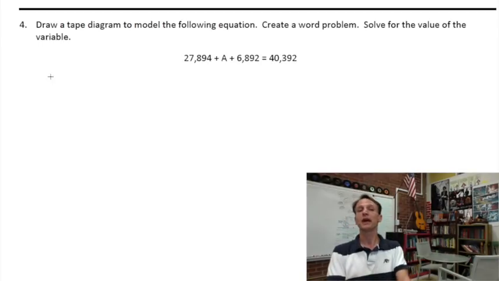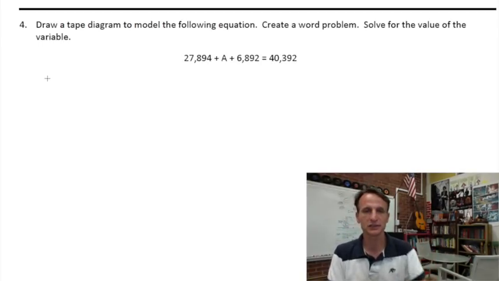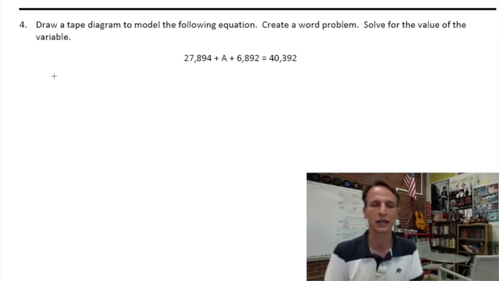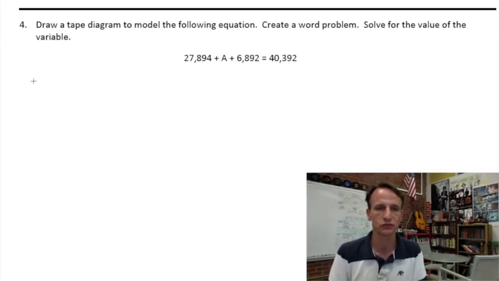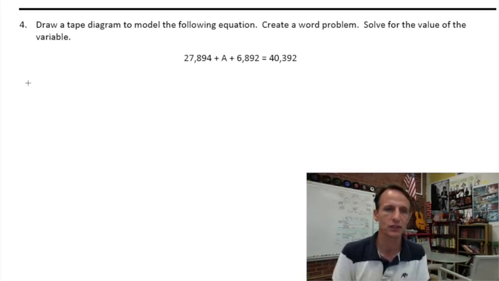So, what can we do? Well, I was saying we could do fruit, okay? So let's do fruit on this one. Let's have 27,000 apples.